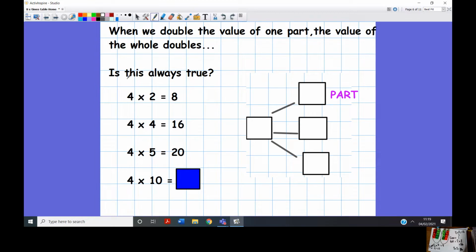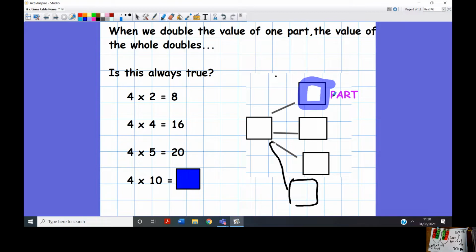So the value of my part here is, there are 4 groups, and I've actually only managed to draw 3 groups. So let's just draw another one there. So each time here, I have 4 groups. So I have 4 parts, and each time I'm going to be doubling the value of my part. I'll just label that so we know that's our part.